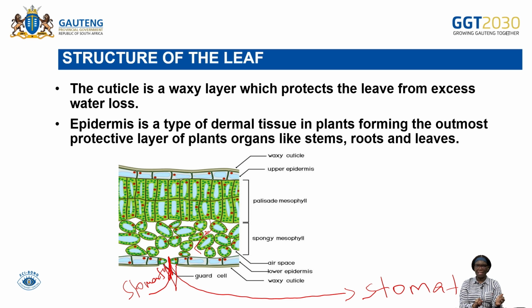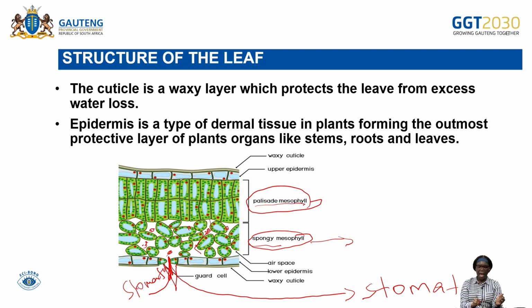Remember, we said there are two types of mesophyll: the palisade mesophyll and the spongy mesophyll. The difference is that the spongy mesophyll has air spaces. Can you see there are air spaces in the spongy mesophyll?